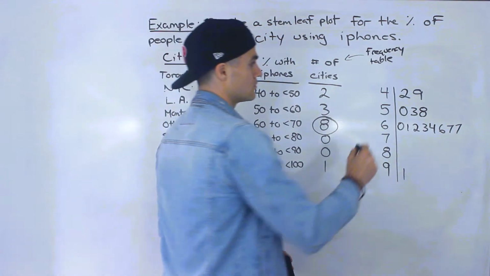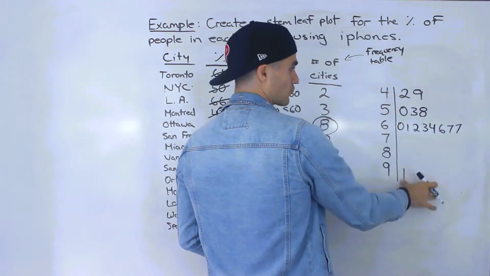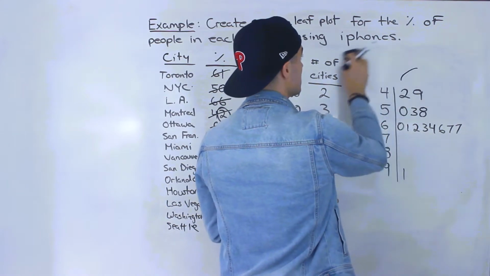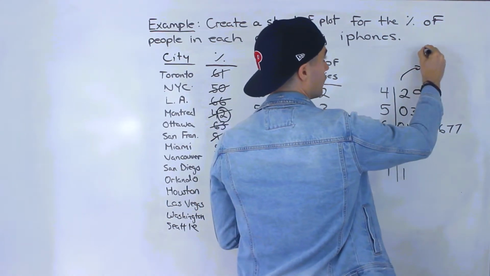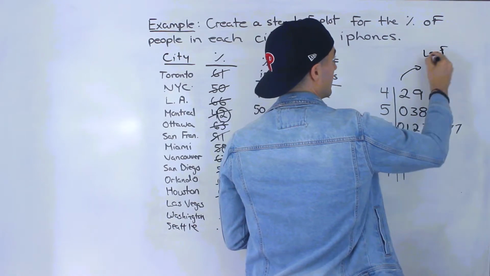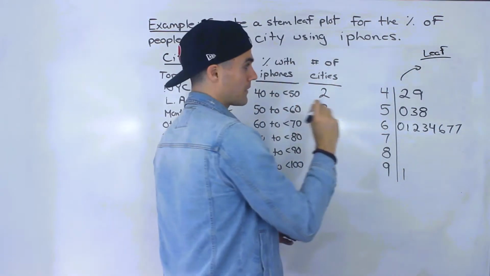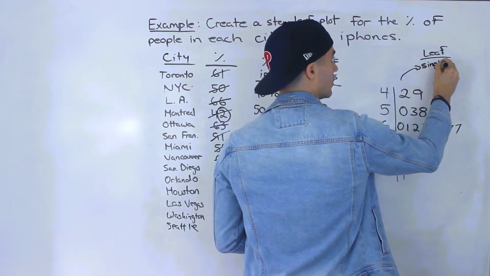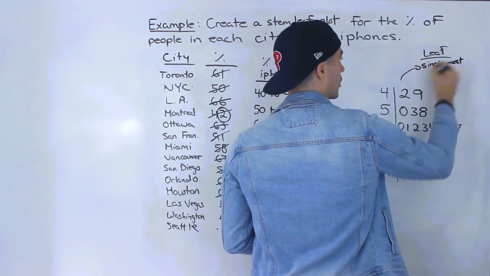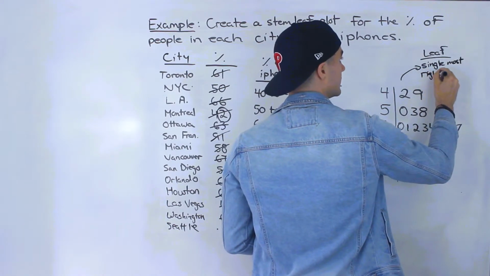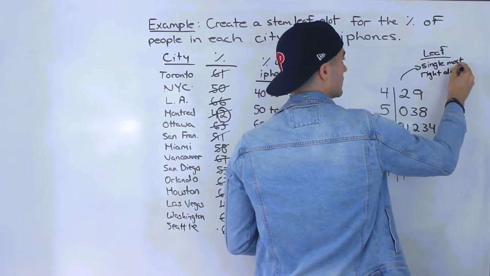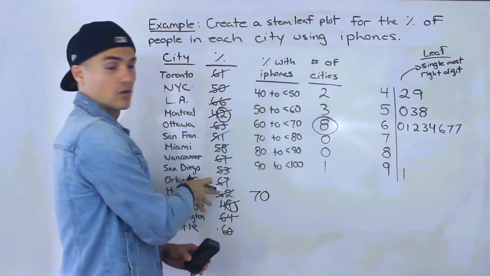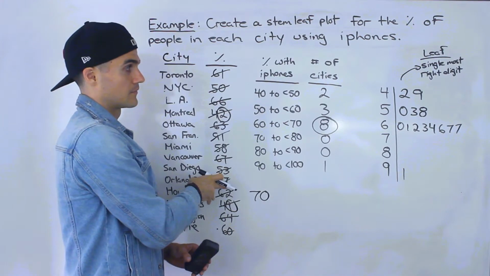Now, to generally explain it a little bit more, this right side here is called the leaf. Now the leaf, I want to mention, is always going to be the single most right digit of your quantitative variable that you're looking at.